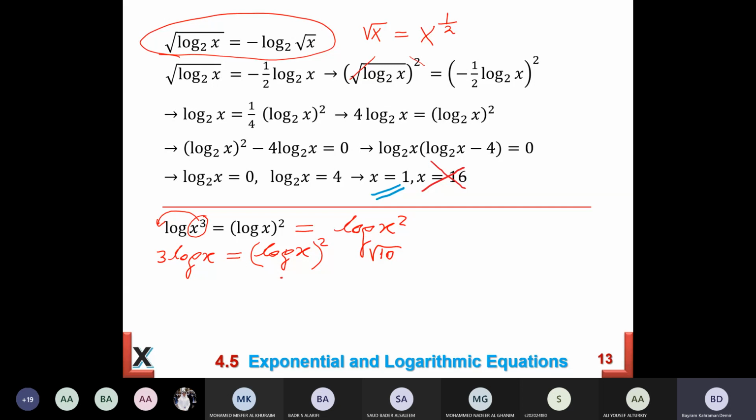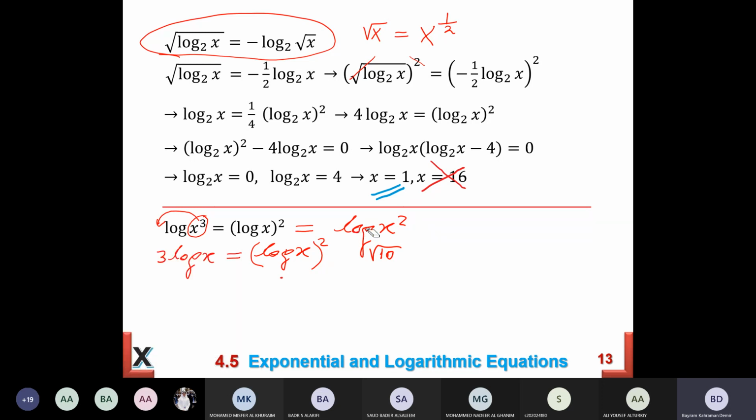We need to make sure that it follows a property of logarithms. We just need to go back and ask ourselves, am I following any property? If you say no, that means we cannot do that.